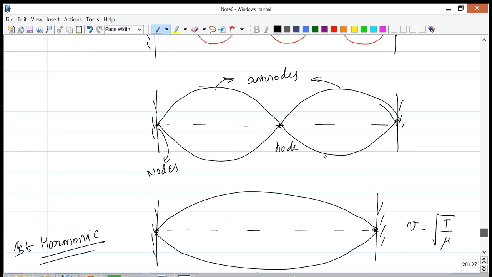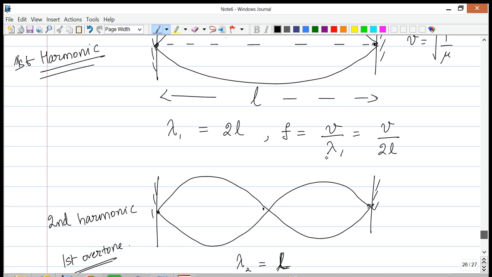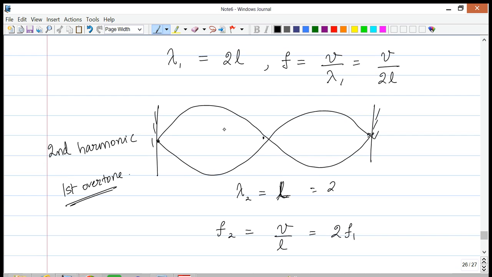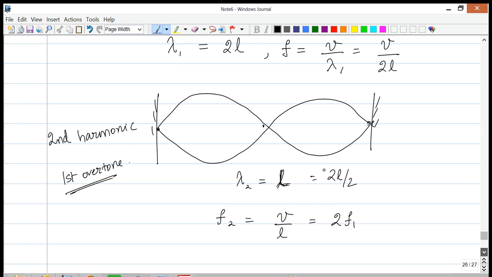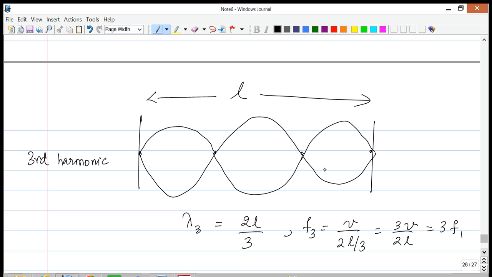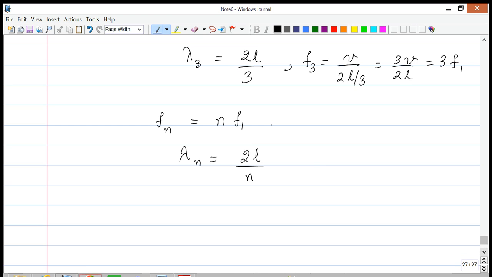For the first one, the wavelength was 2L divided by 1. The second one was 2L divided by 2. The third one was clearly 2L divided by 3, and then the nth one is going to be equal to 2L divided by n.